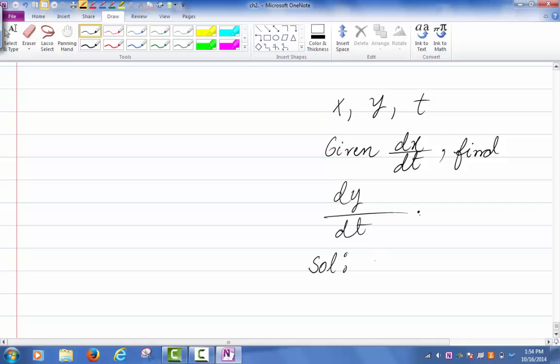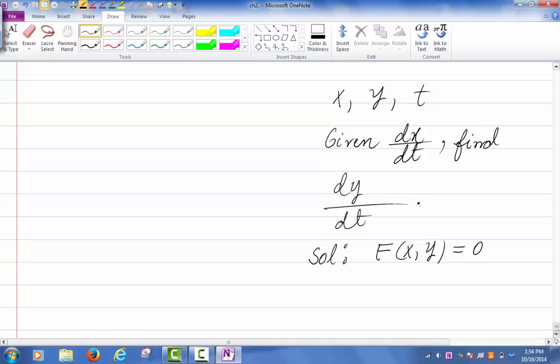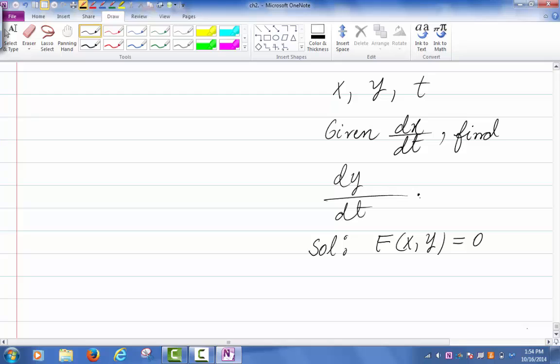Well, your goal should be to find an equation involving x and y. If you can find an equation involving x and y, then you can differentiate both sides of the equation with respect to time.